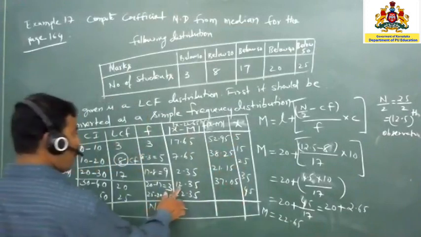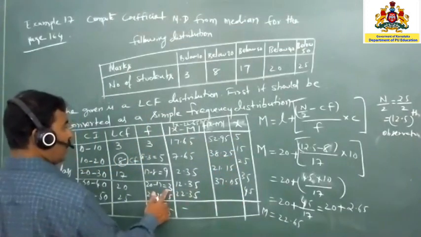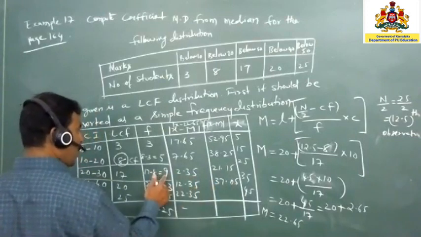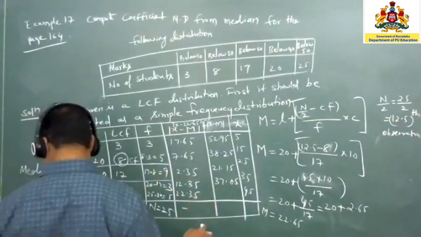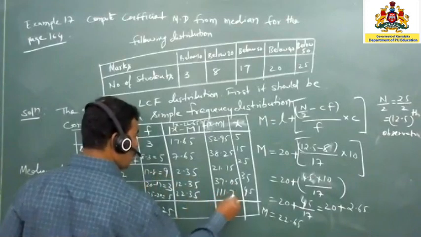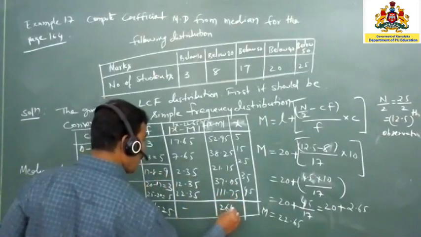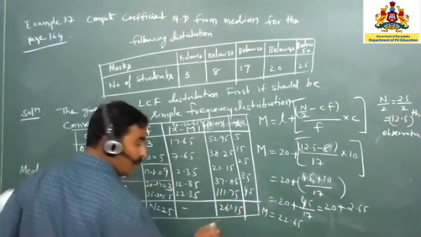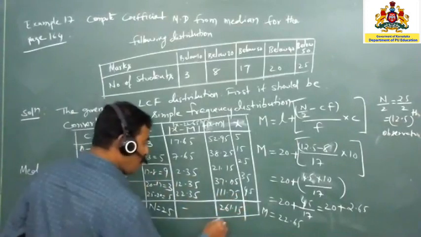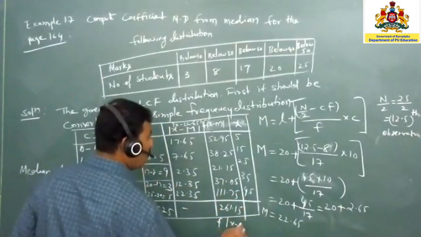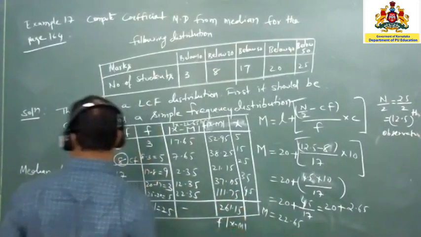So here 12.35 into 3 is 37.05, 2.35 into 9, values 111.75. The total is 261.15. It is the summation of f into modulus of x minus m.